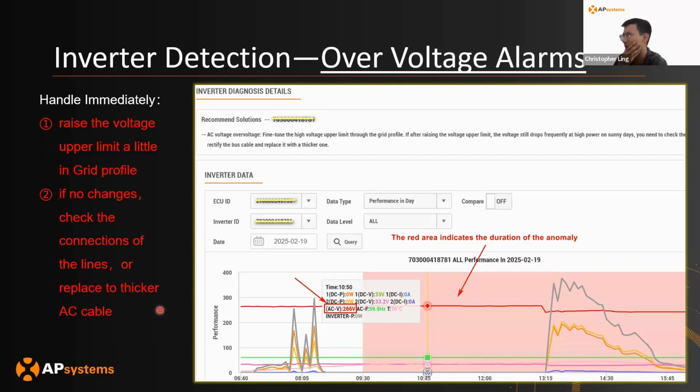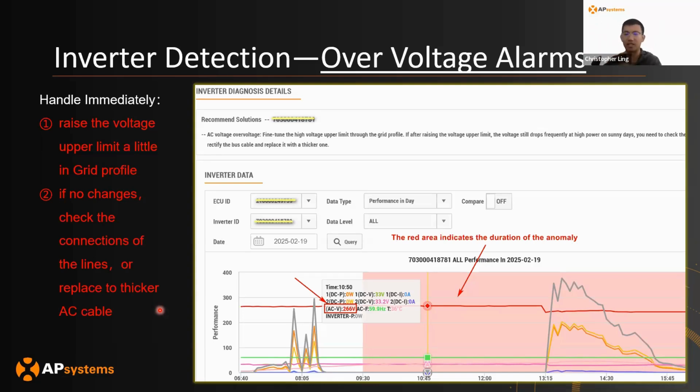From an over voltage perspective, the microinverters do generally protect themselves from over voltages, and there are stricter limits and then there are absolute limits.